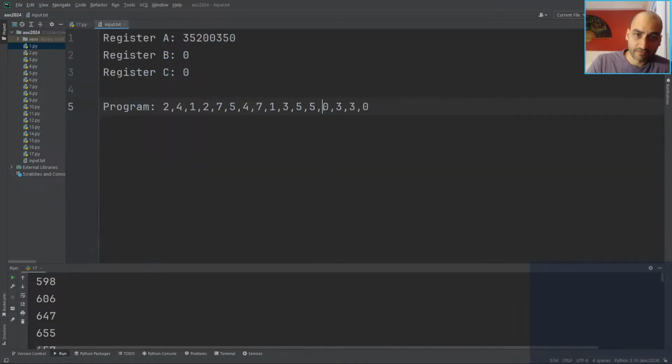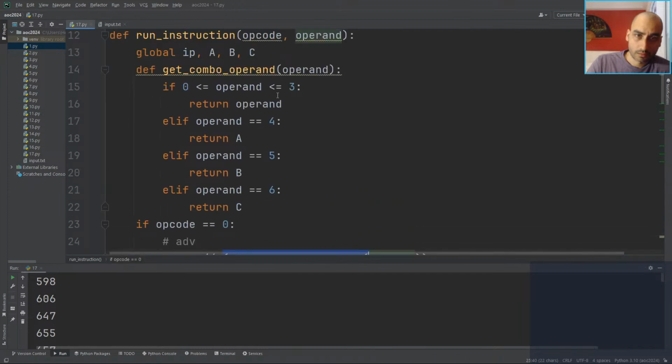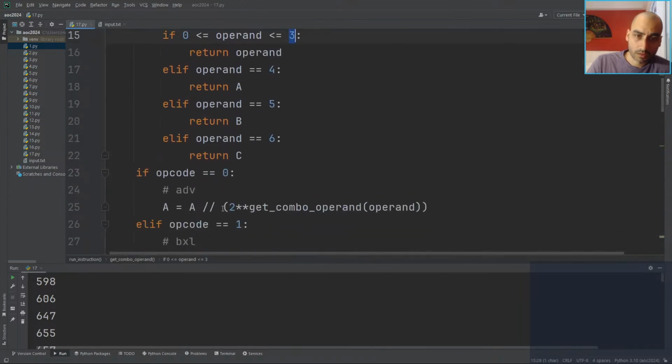So after 5, 5, we've got 0, 3. What does that do? A equals A divided by 2 to the 3. So A divided by 8.